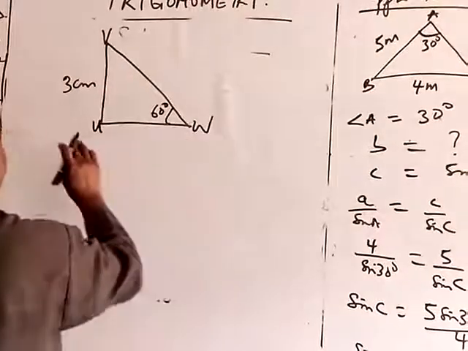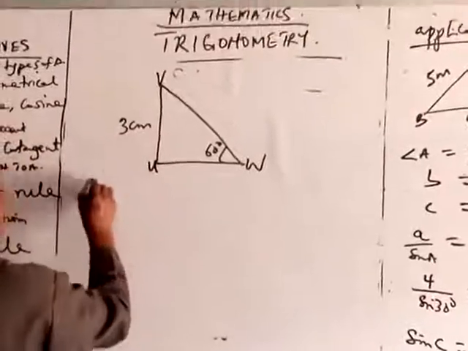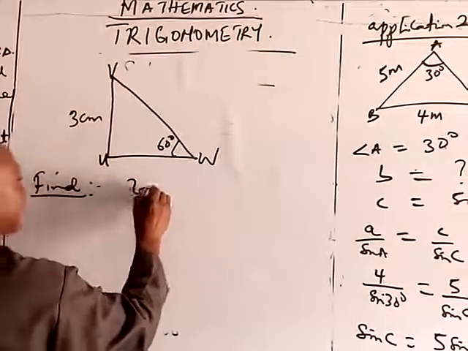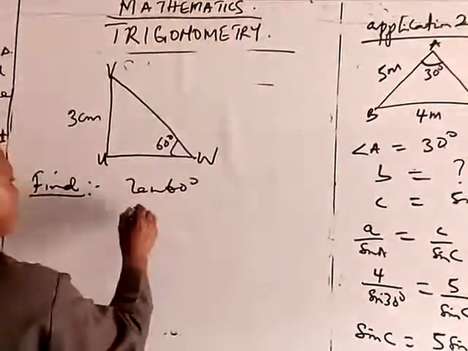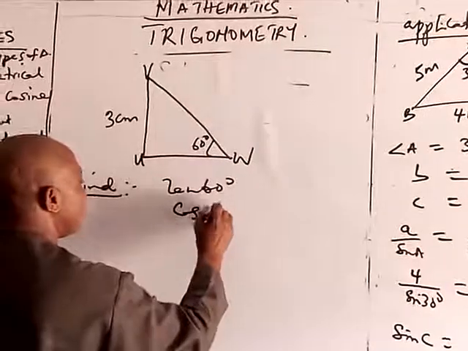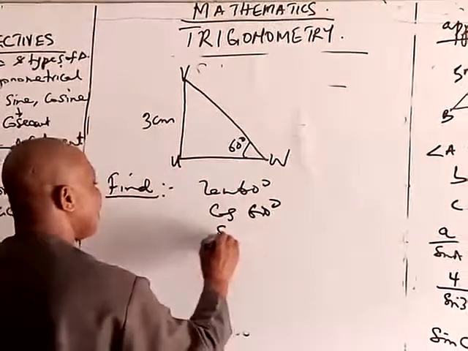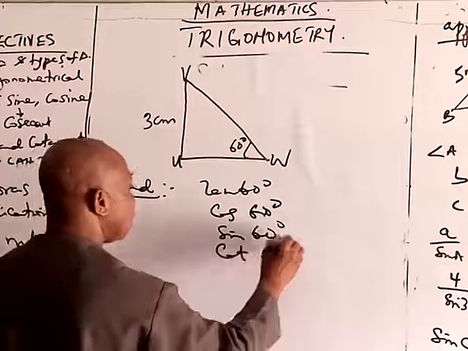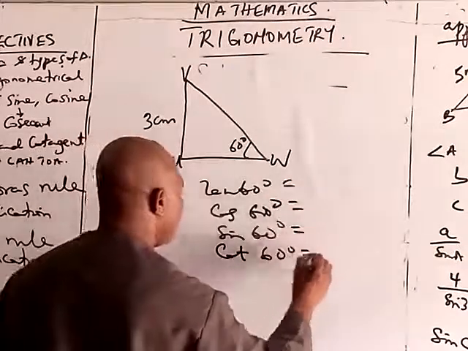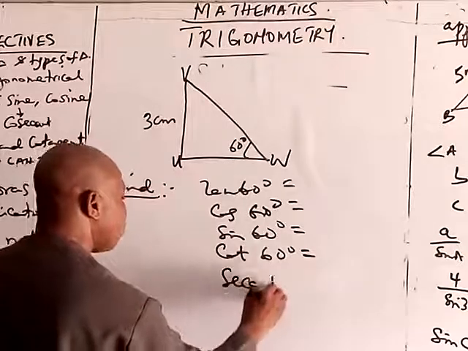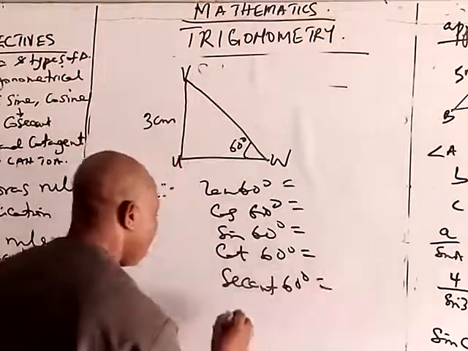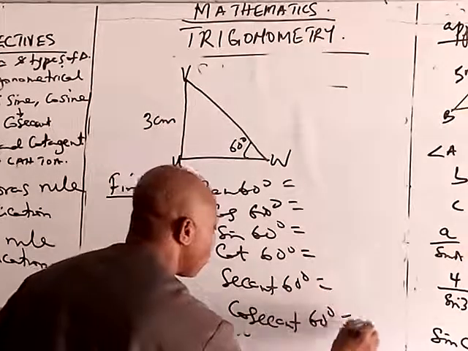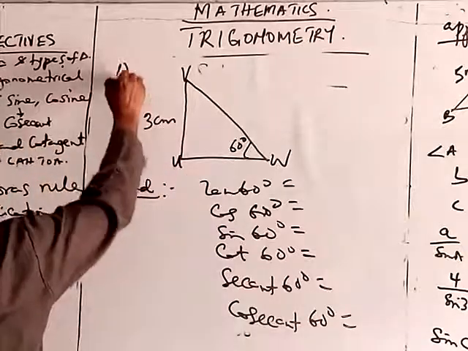So what you need to do now is find or determine tan 60 degree, cos 60 degree, sin 60 degree, cot 60 degree, secant 60 degree, and cosecant 60 degree. That's question number 1.